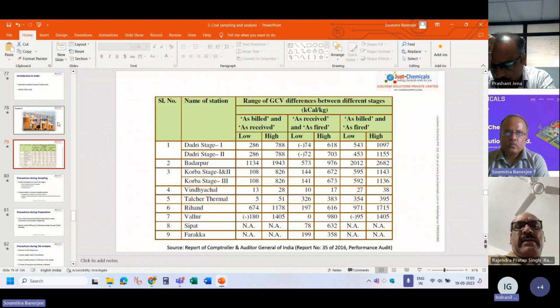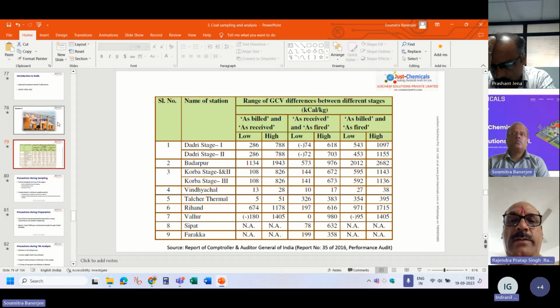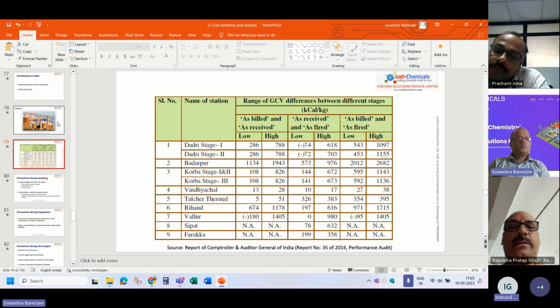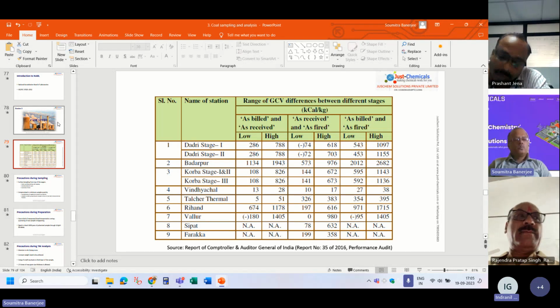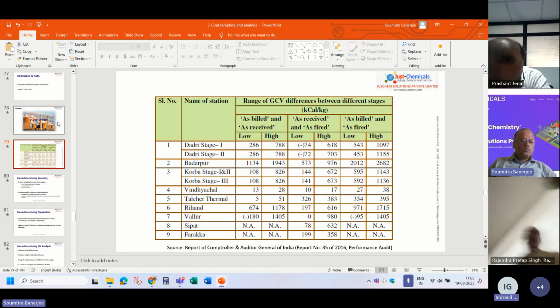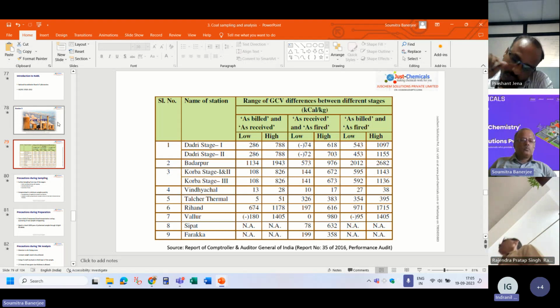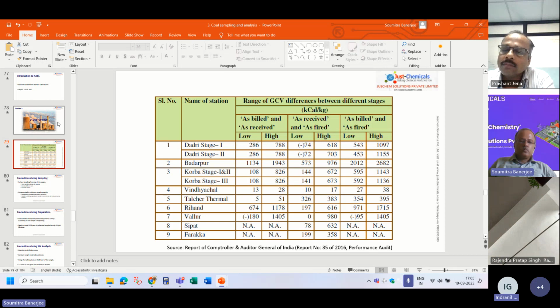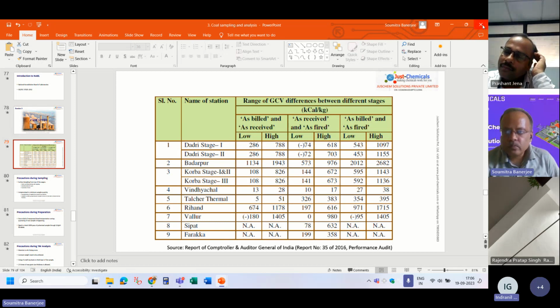If you're analyzing the GCV on ADB basis, then the effect of total moisture is not there. If you're comparing the GCV on ARB basis, then the effect of total moisture is there. Water sprinkling only increases the total moisture part, the surface moisture, not the inherent moisture. I don't think there is any effect of water on GCV analysis.